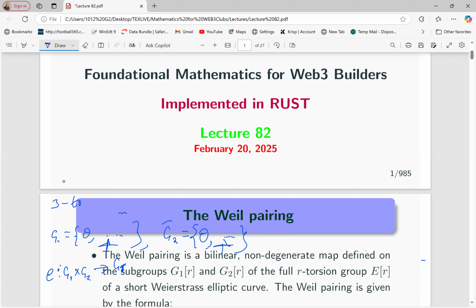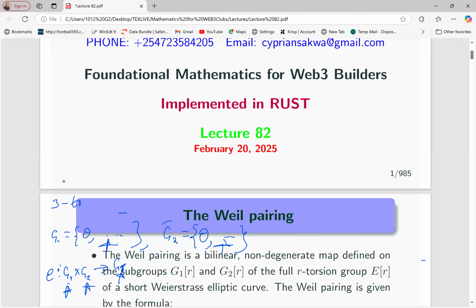So we pick one element from this group and one other element from this group, then we use an algorithm, and that algorithm would give us an element of this target group. That is what we then call pairing.